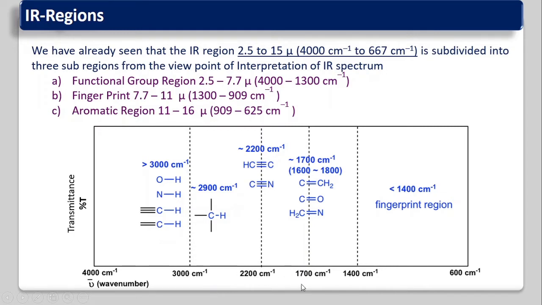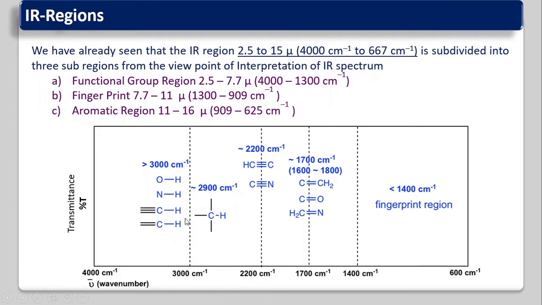Then near about 1600 or 1700 centimeter inverse, all the double bonds like carbon-nitrogen double bond, carbon-oxygen double bond, carbon-carbon double bond absorb the IR radiation. In this way, by looking at the classification of the spectrum, you can understand where a peak might be.